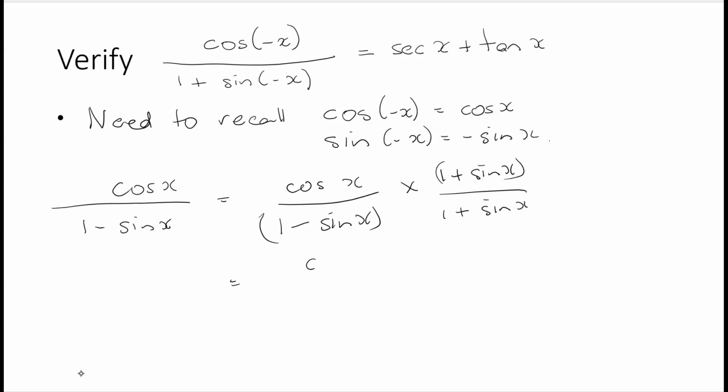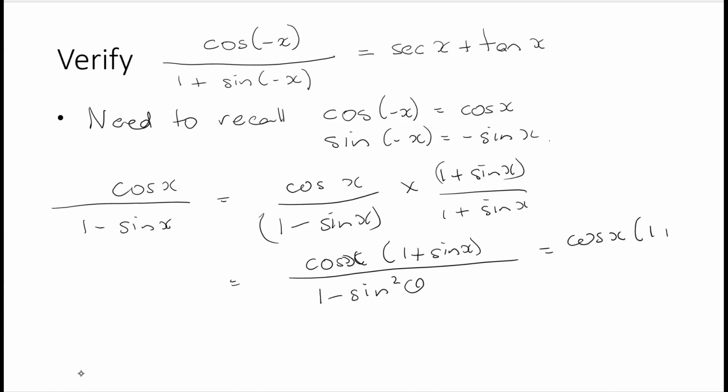The top line just stays the same for the moment. And then the bottom line, 1 minus sine times 1 plus sine gives us 1 minus sine squared. And we know cos squared plus sine squared is 1, so that becomes cos x over 1 plus sine x over cos squared.